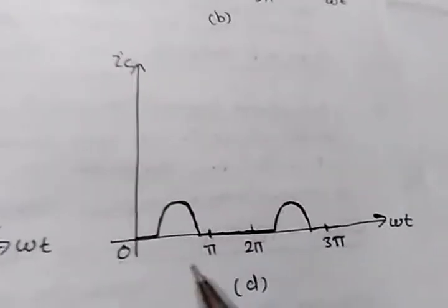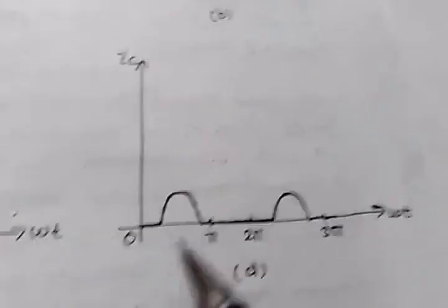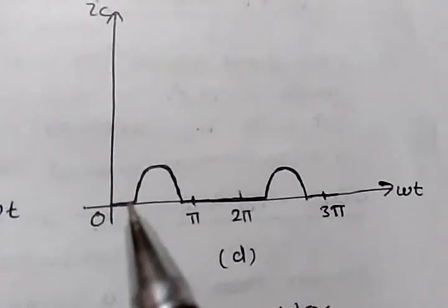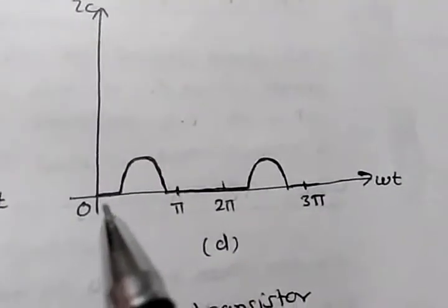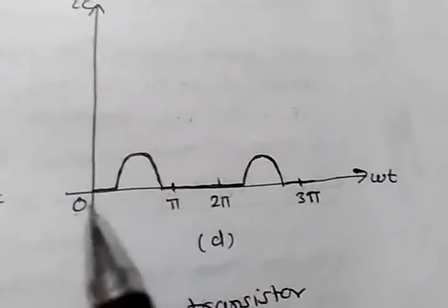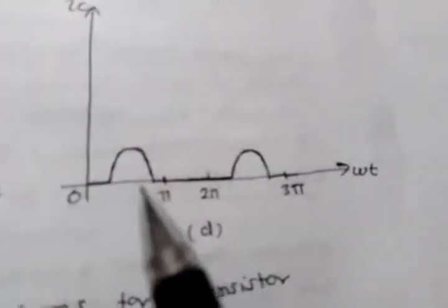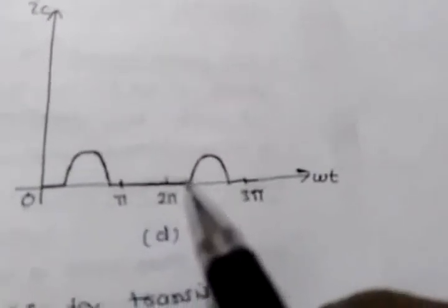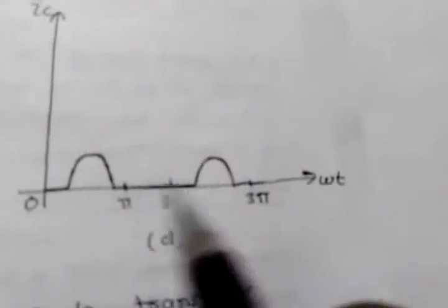See this diagram. This waveform shows the collector current in the case of class C amplifier. From this waveform, it is clear that collector current flows only for less than half cycle, less than 0 to pi, meaning conduction angle is less than 180 degrees. And for the remaining part of the input signal, the collector current is 0.